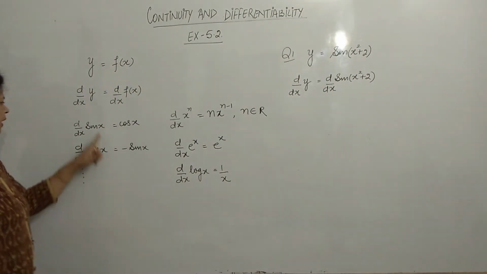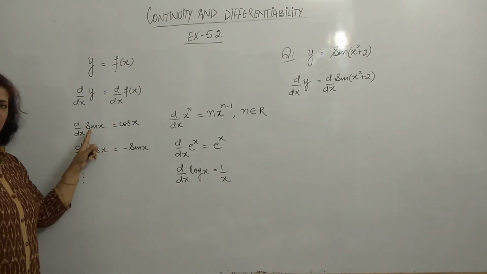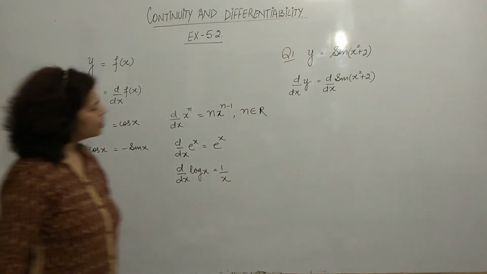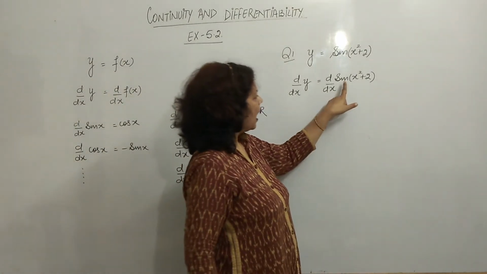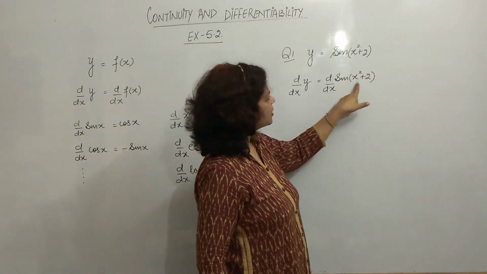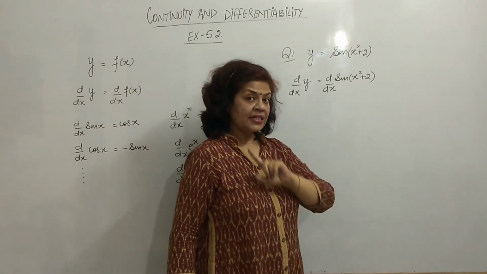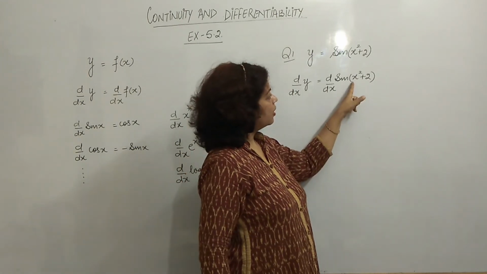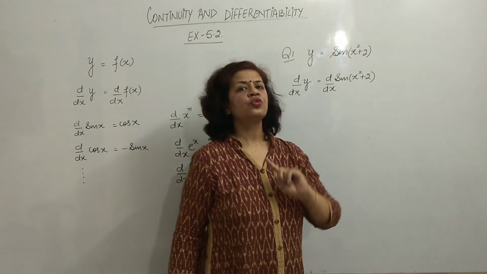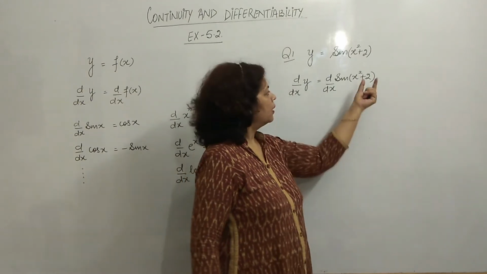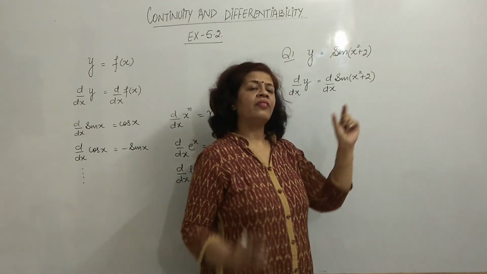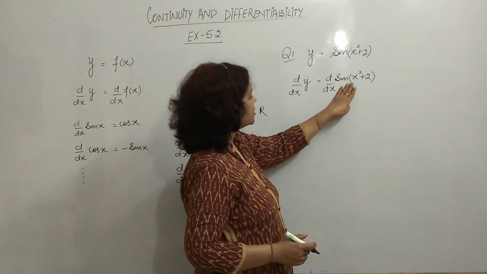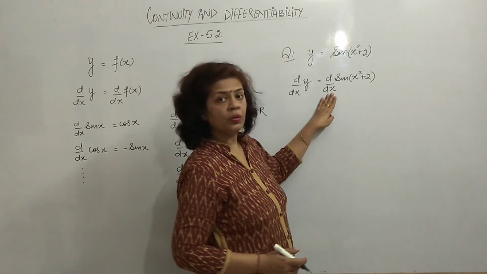You know that the derivative of sin x with respect to x is cos x. Observe that here the question is sin(x square plus 2). Sin x is not there. Instead there is sin(x square plus 2). Whatever may be in this bracket, whatever may be the form of x, you are differentiating this sin with respect to x.